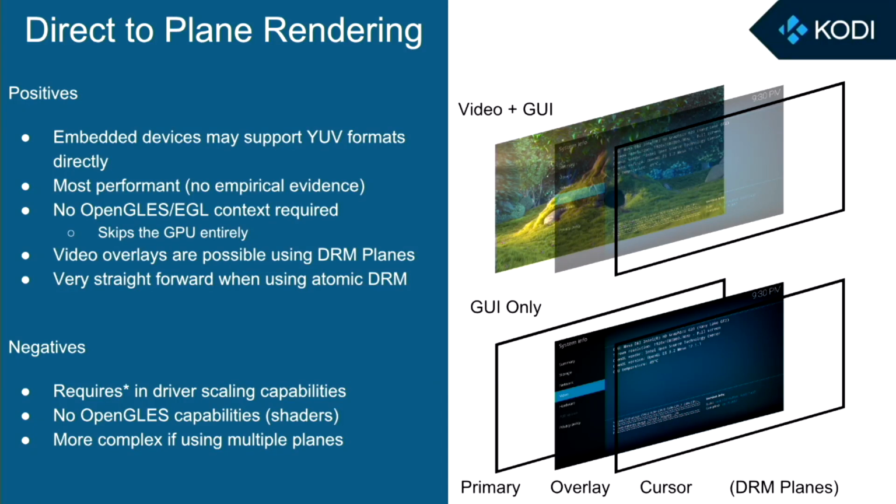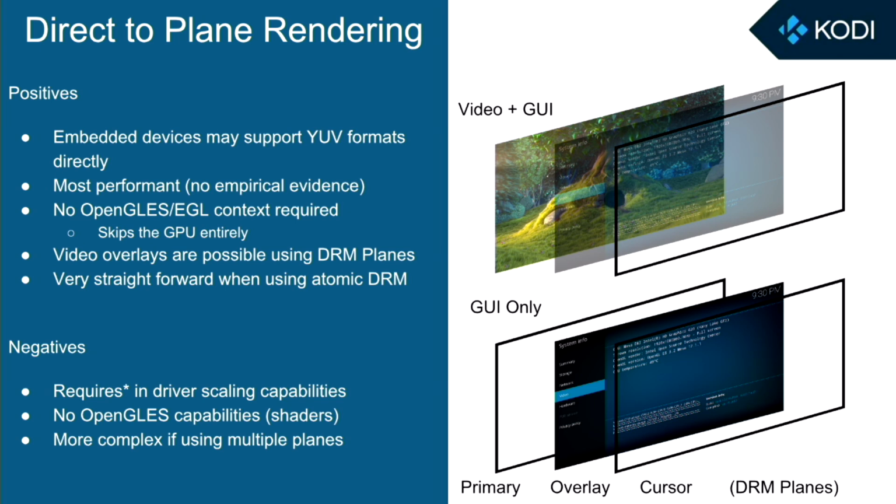So this is now how do we actually take that buffer and display it. If your app doesn't use GL, you can do it in this method. We're able to utilize some of the specialized hardware on embedded boards that are able to handle YUV video formats and display them directly on the hardware. It is a requirement that the DRM driver supports this, but support is really good currently in the Linux kernel.